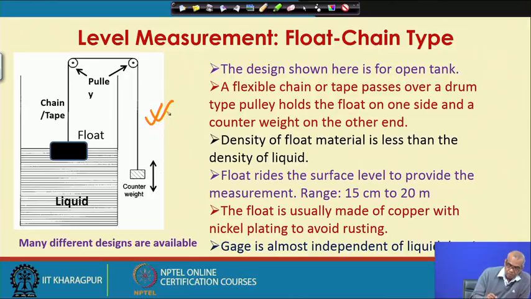So, we have a float that I have put on the surface of the liquid level in the tank, and there is a counterweight, and this float and counterweight are connected by a flexible chain or tape, and this chain or tape passes over these pulleys.